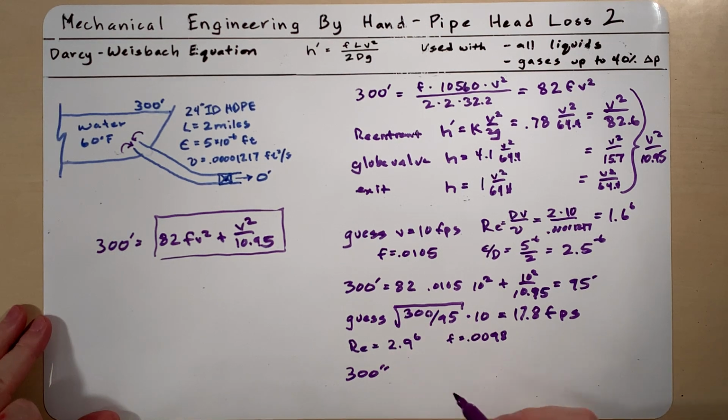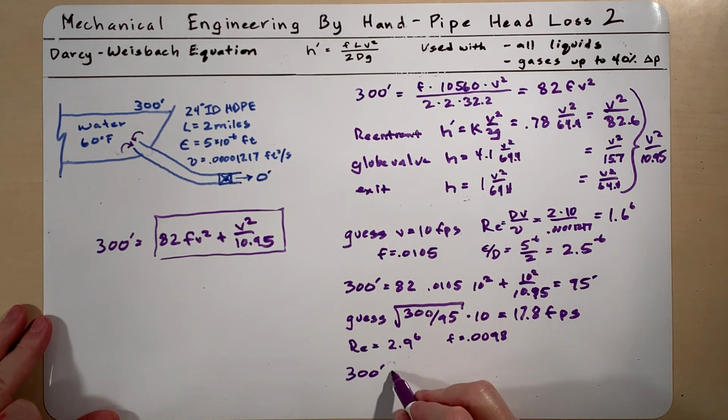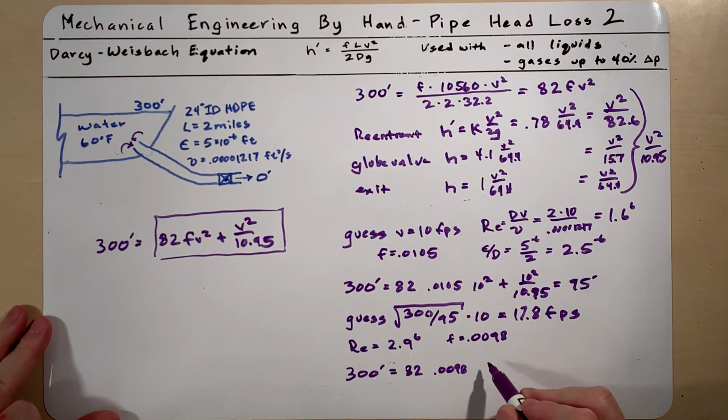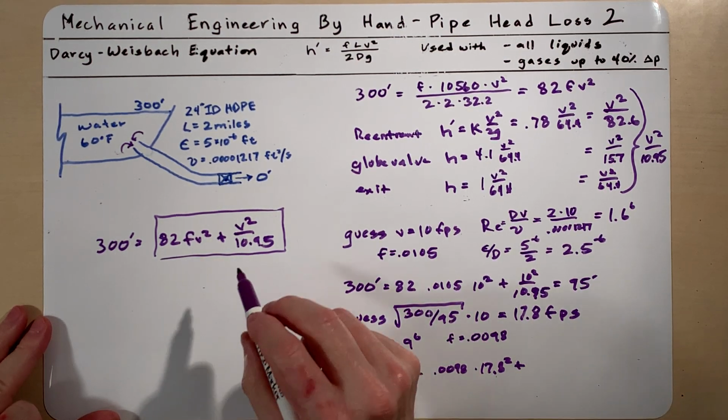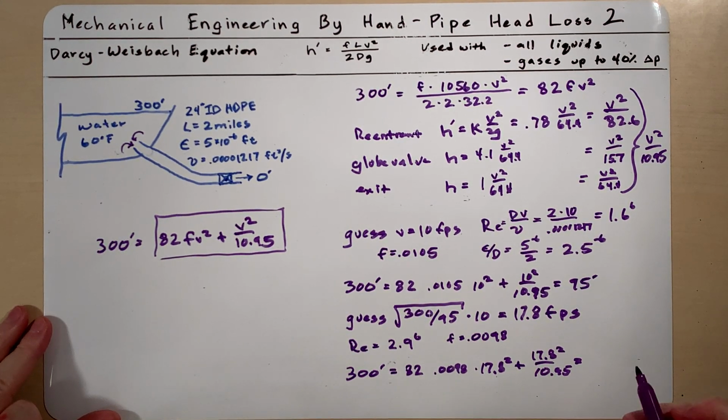300 feet equals 82 times 0.0098 times our new velocity squared plus 17.8 squared over 10.95, and that equals 284 feet.